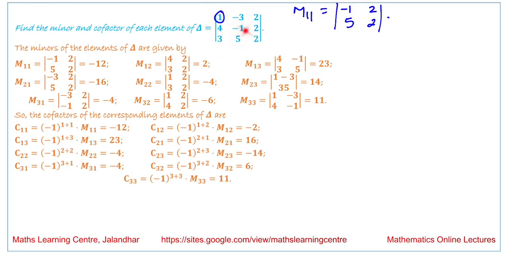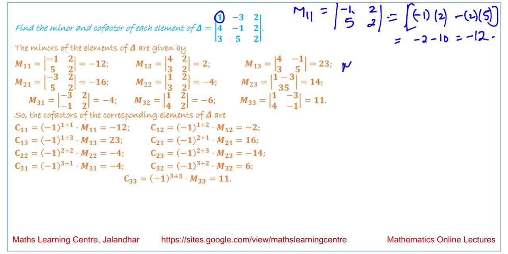So what we are left with are these 4 values, minus 1, 2, 5 and 2. On solving this, the answer is minus 1 into 2 minus 2 into 5. So that is equal to minus 2 minus 10, that is equal to minus 12.